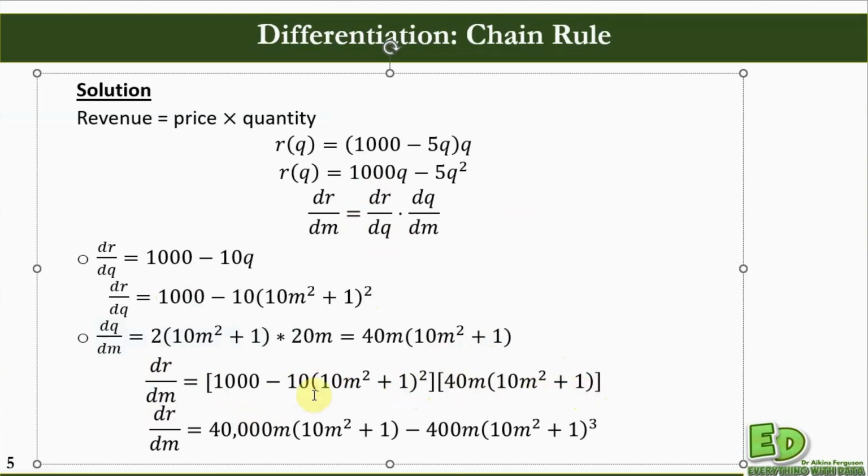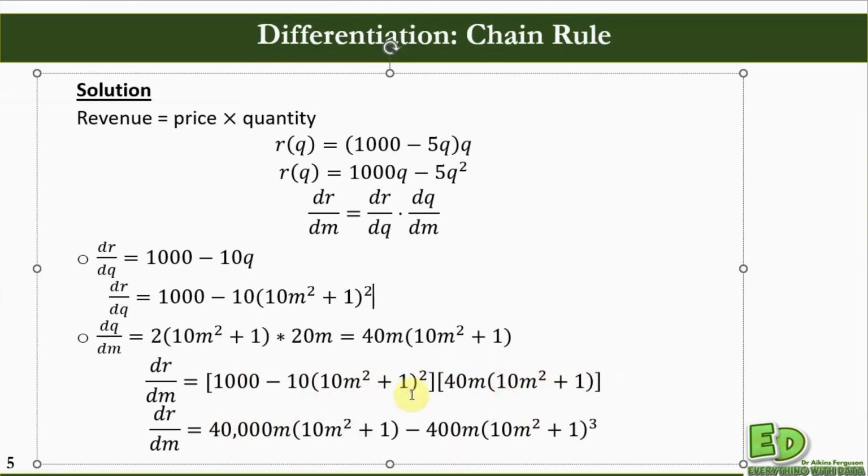The next thing is that we are going to expand this bracket. So 1000 will multiply 40m into bracket (10m squared plus 1), and that will give us 40,000m into bracket (10m squared plus 1). And then minus 10 into bracket (10m squared plus 1) all squared will also multiply 40m by (10m squared plus 1).